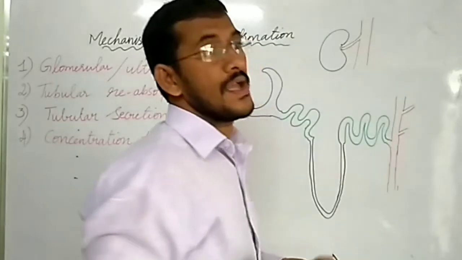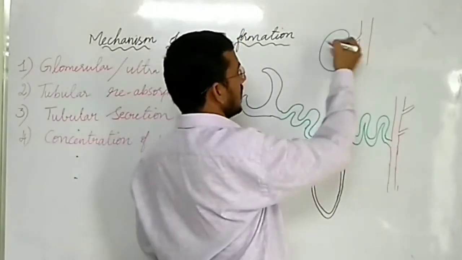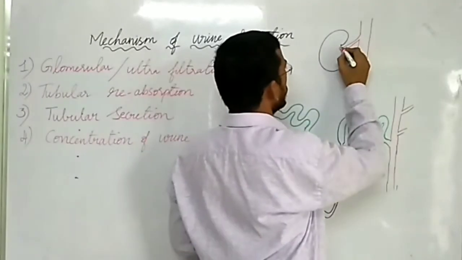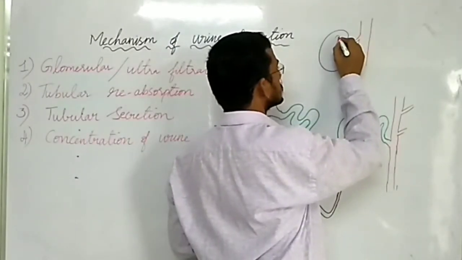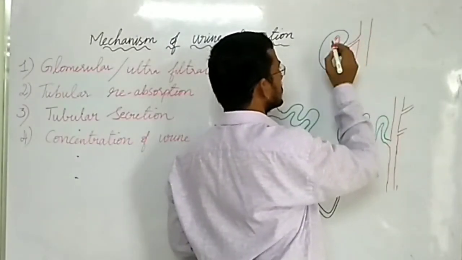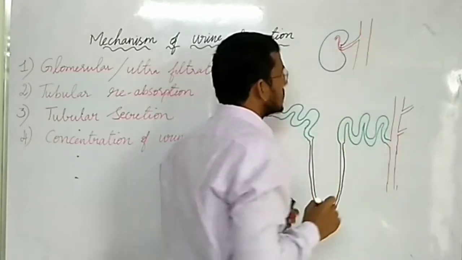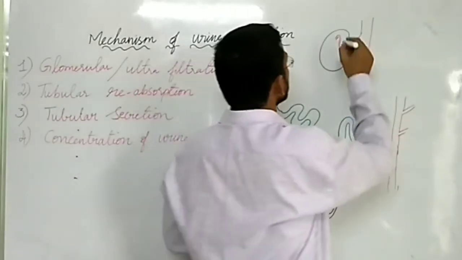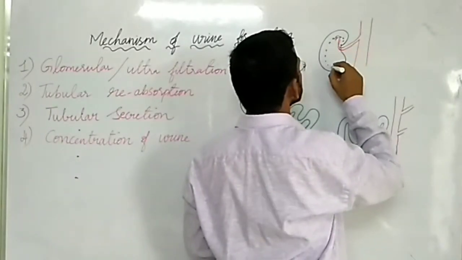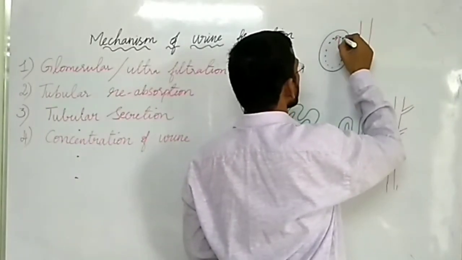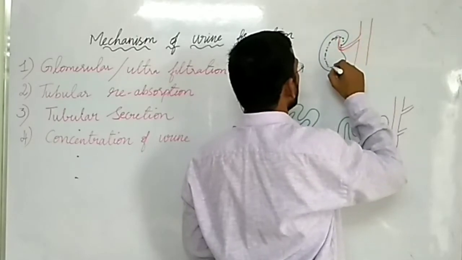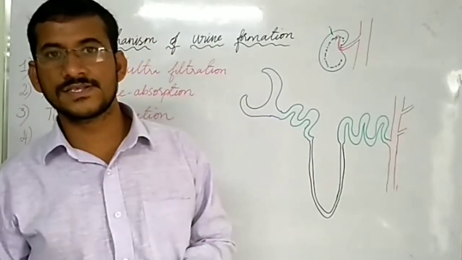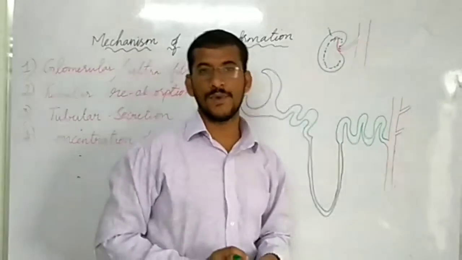In this kidney, the renal artery gives a branch called renal arteriole. This renal arteriole will enter the kidney. We know that in the kidney there are 2 regions: the dark outer zone, cortex, and the inner pale zone, medulla.